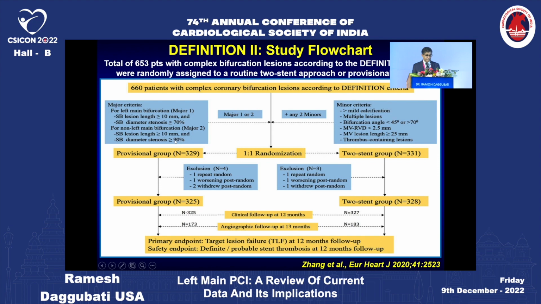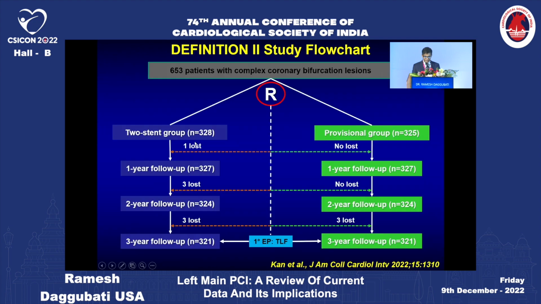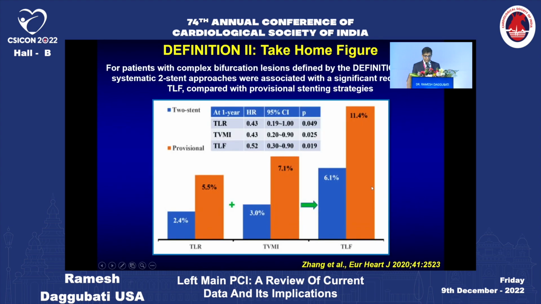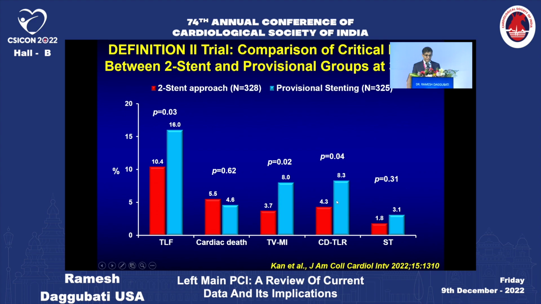Side branch stenosis of more than 90 is in non-left main disease. Applying this division of lesions into simple and complex, two stents versus the provisional group, which is for simple lesions, were followed for about 3 years, and it showed that TLR, TVMI, and target lesion failures were definitely much higher with provisional stenting if applied to a complex bifurcation lesion.